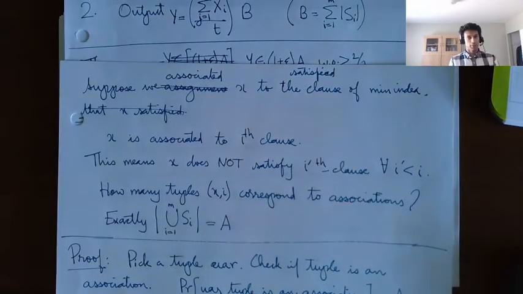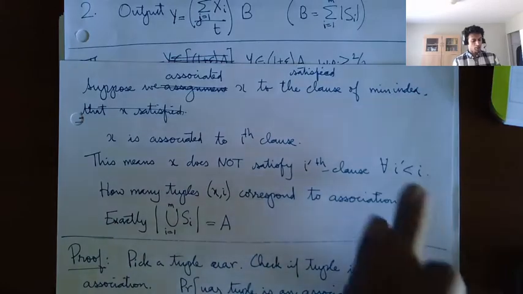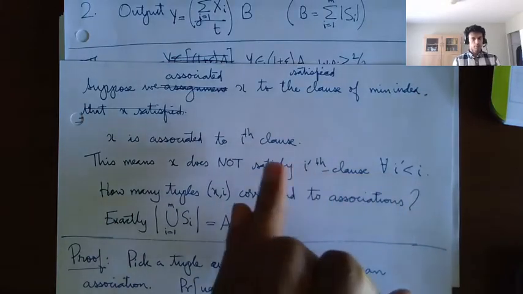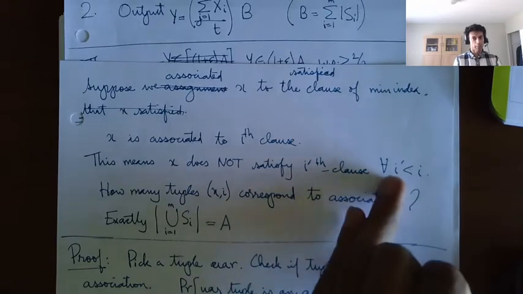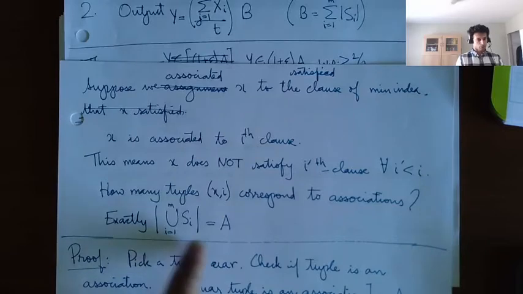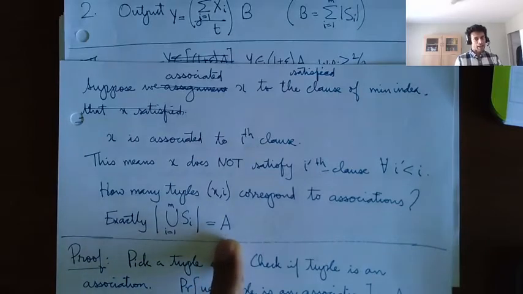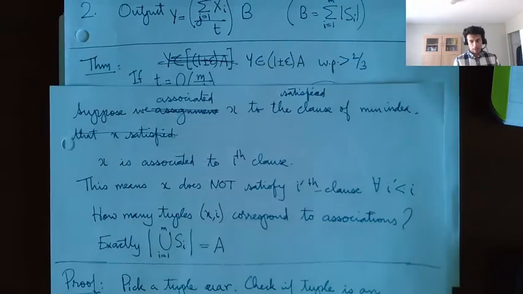So every x is going to be associated with only one clause that it satisfies, which means that if x is associated to the ith clause, it does not satisfy the i' th clause for all i' less than i. How many tuples correspond to associations? Exactly A, right? And so now we can pick a uniform random tuple, check if it's an association, and that's the algorithm that gives you Karp-Luby.